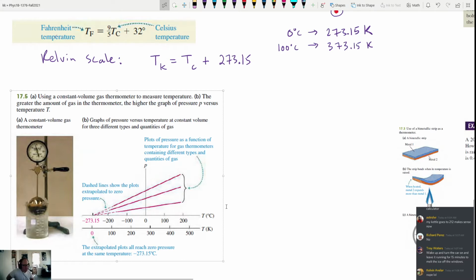I'll just ask, have any of you done an experiment in chemistry where you plotted the pressure of a gas versus its temperature, and then tried to use that to work back? Is that an experiment that you all do at this school? Where you plot the pressure of a gas versus its temperature? You're doing it tomorrow.